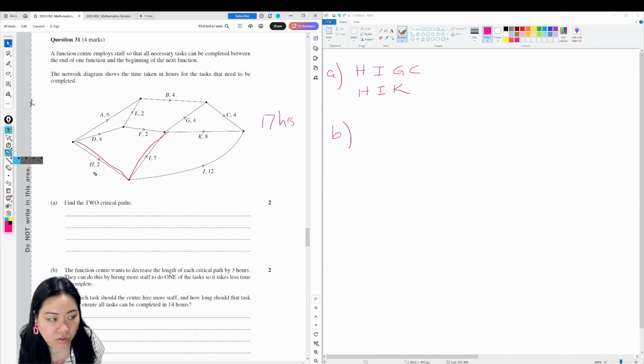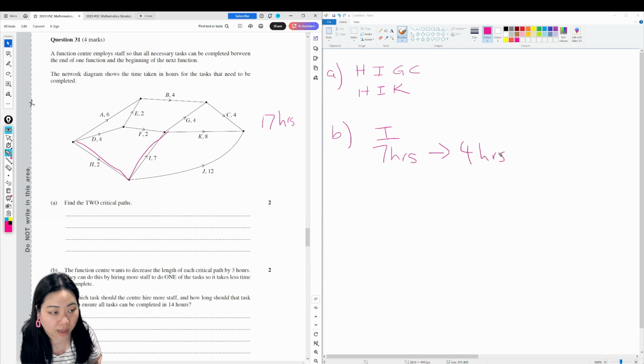H only takes 2 hours. It doesn't make sense. We can't reduce it by 3 hours. So the only one we can reduce is I. Therefore, they should hire more staff for task I, and reduce it from 7 hours to 4 hours.